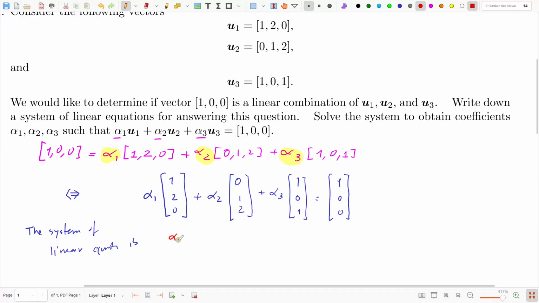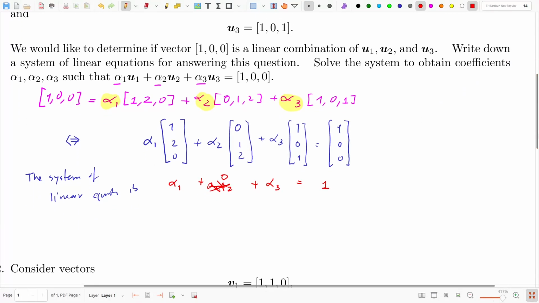So it's going to be alpha 1 plus 0 times alpha 2, I just leave it out, plus alpha 3 equals 1. This is the first equation. Can you write down the other two equations? And can you solve it for alpha 1, 2, and 3?